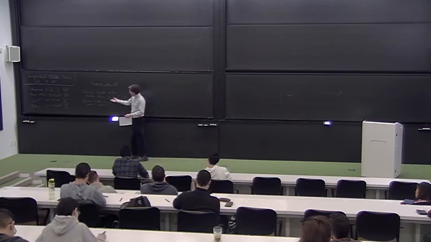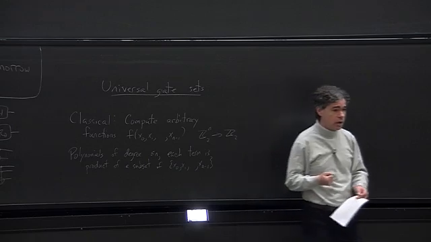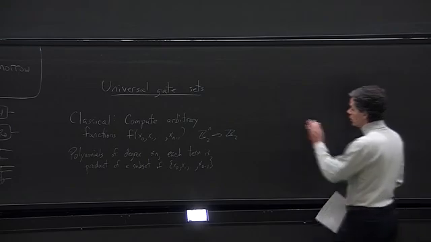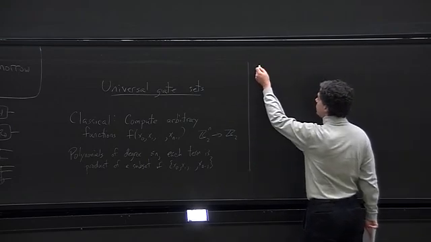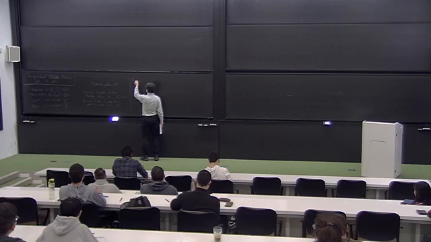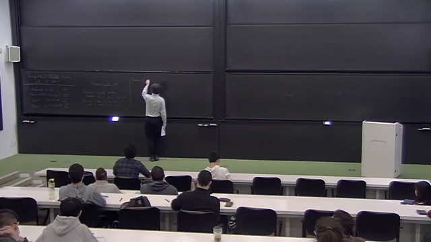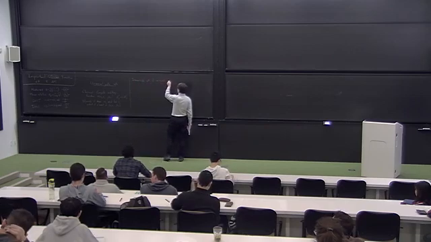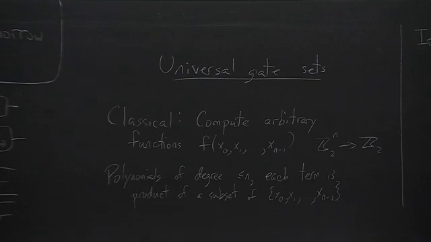But because of this simple structure, it's not too hard to figure out a classical set of universal gates, irreversibly. It's sufficient just to have NOT and AND.